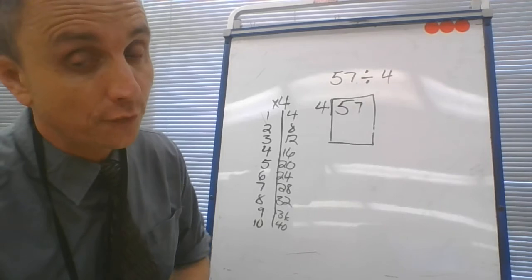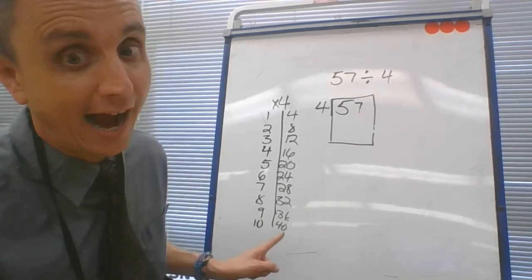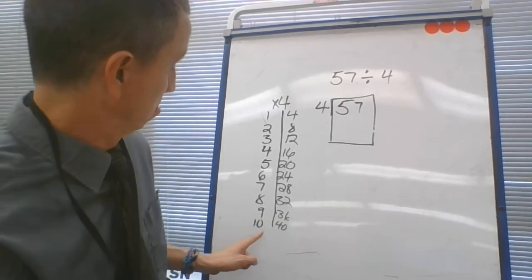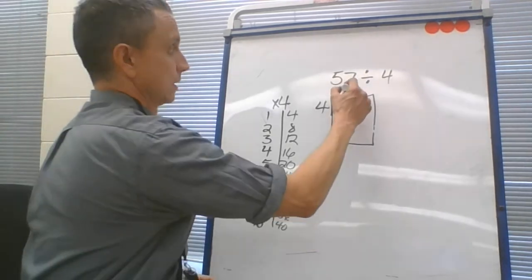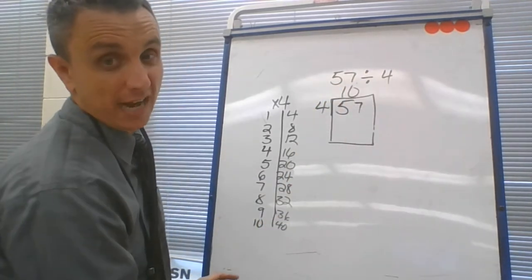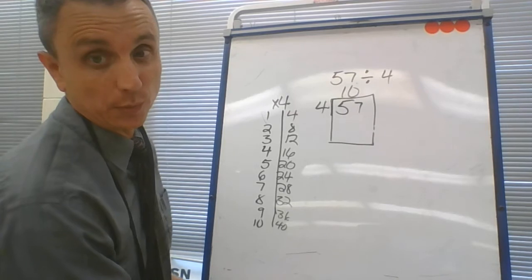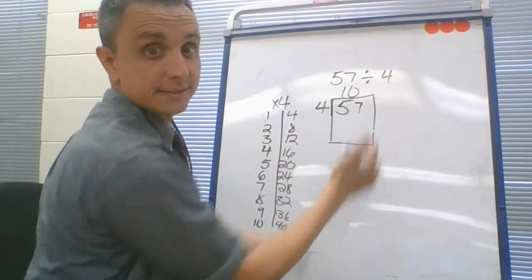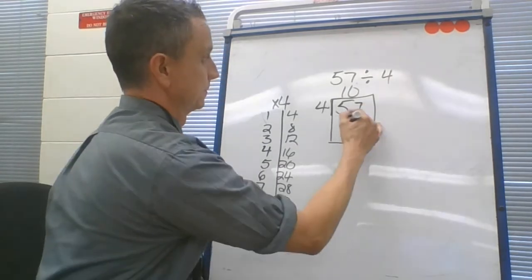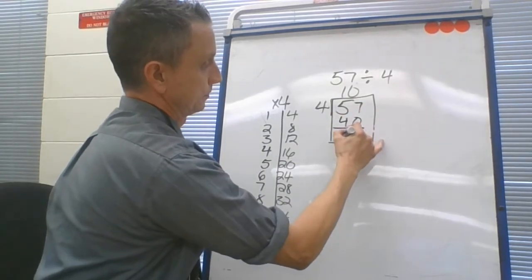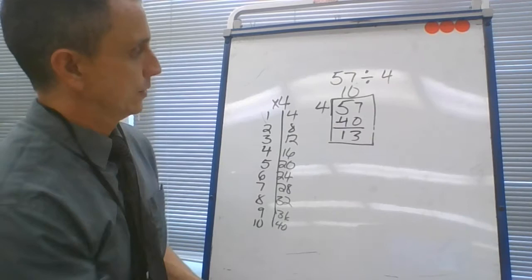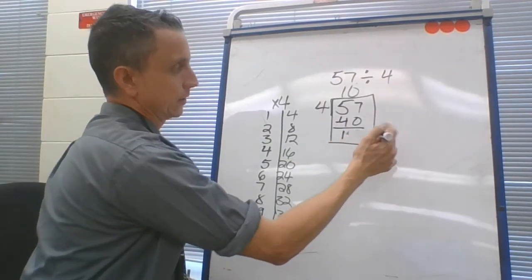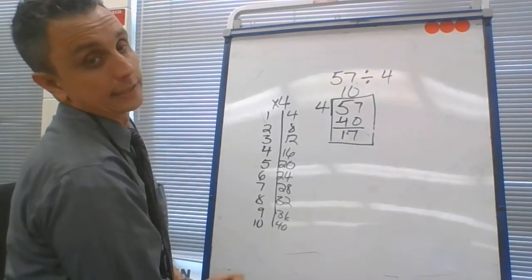And how many groups of 4 is 40? 10. And if you've forgotten, remember, when we're doing the area model, 10 times 4 is 40. And after we do the subtraction, we have 17.